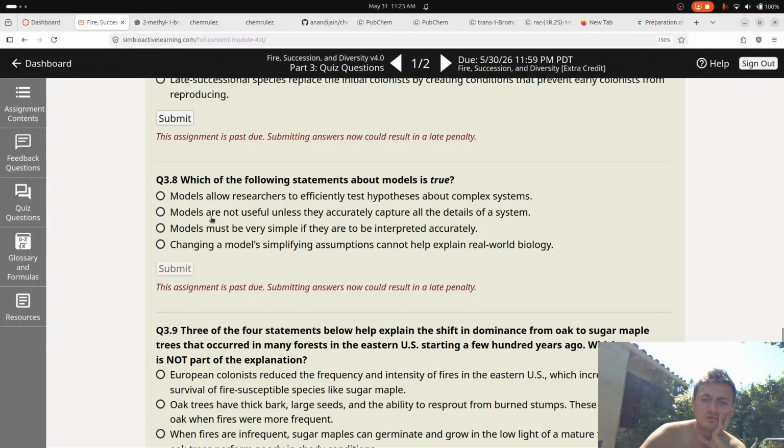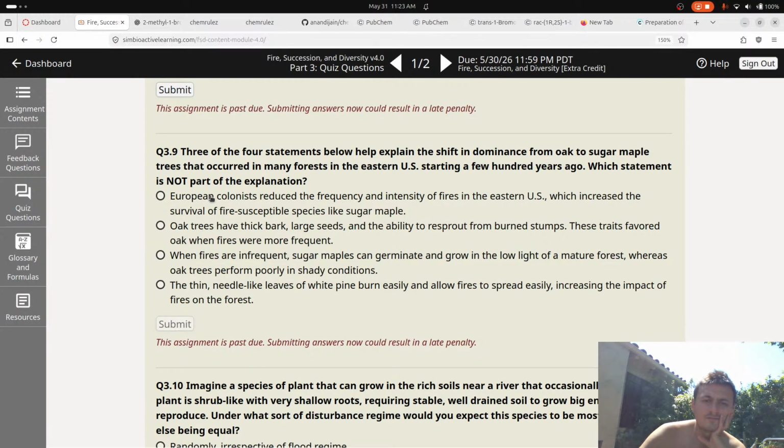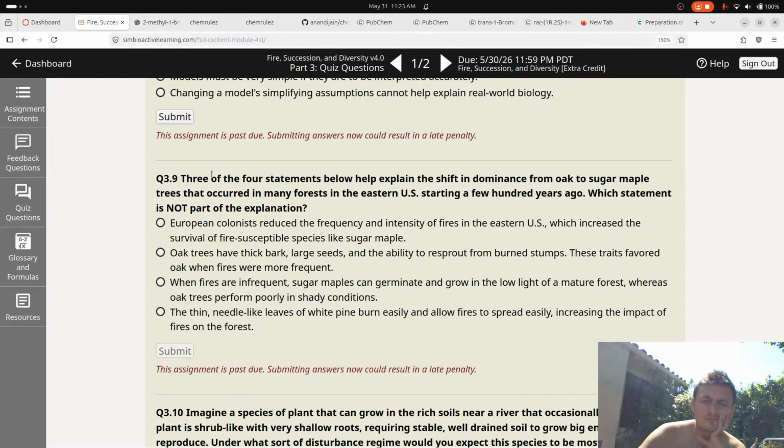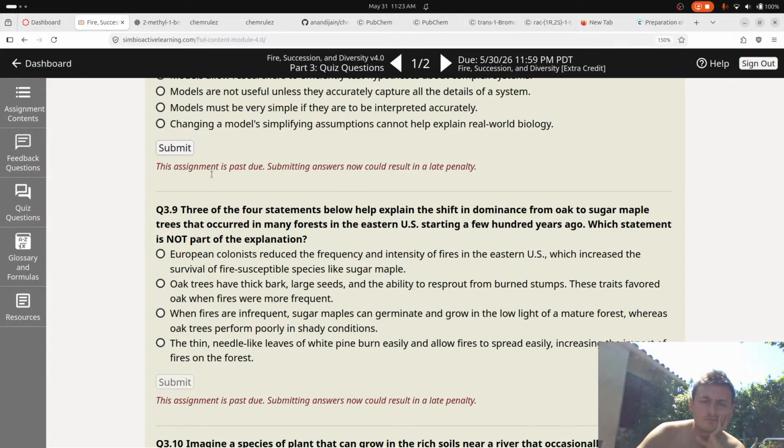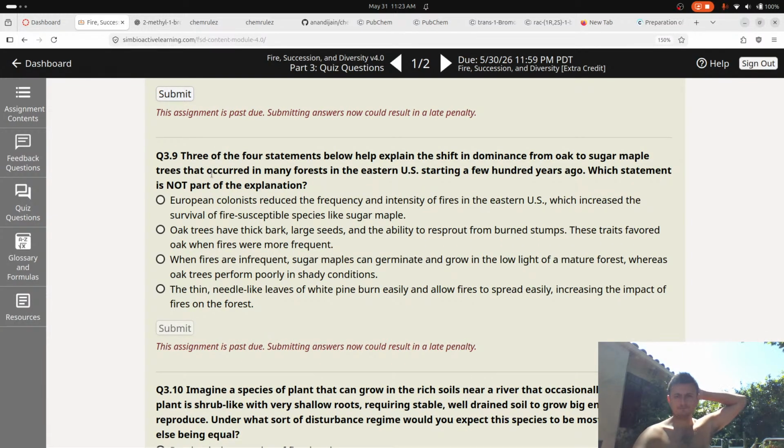I don't think they must be simple, but it's probably A. Three of the four statements below help explain the shift in dominance. I don't know this one.